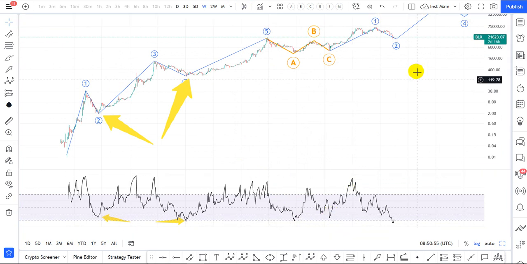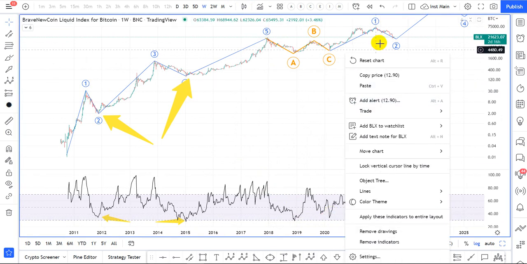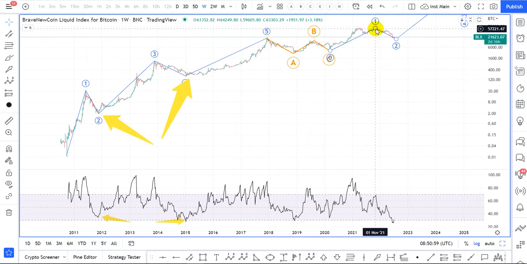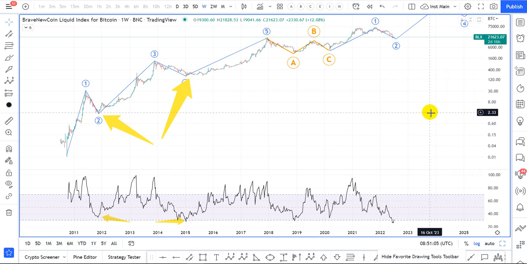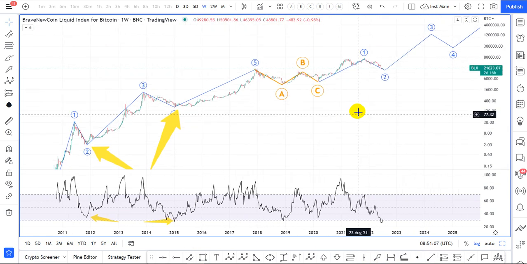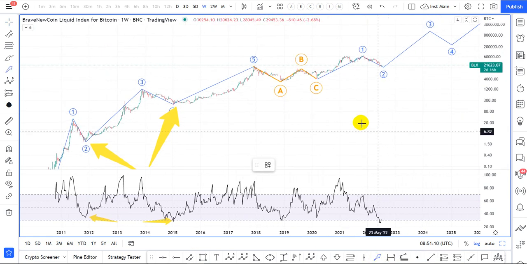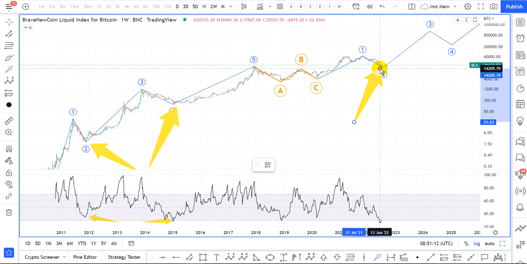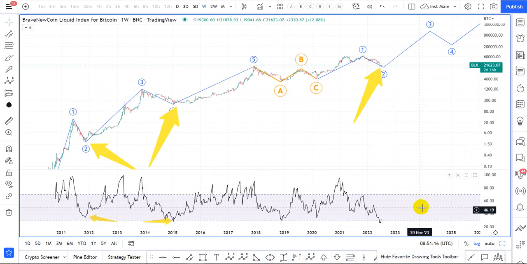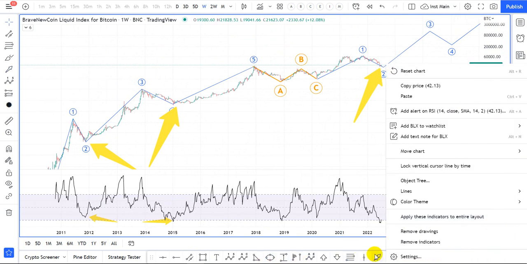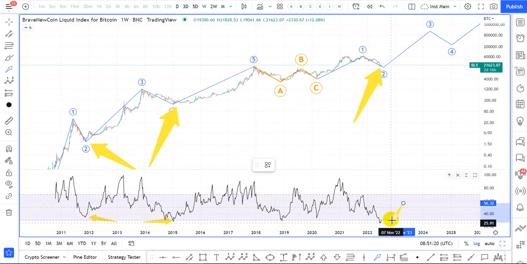Then it goes to the top of wave 1, and what this is showing you is that wave 2 is more likely to land somewhere here, though it might still go a little bit lower, but most probable is that it's somewhere there where it's going to land, right? That's how you can find wave 2.